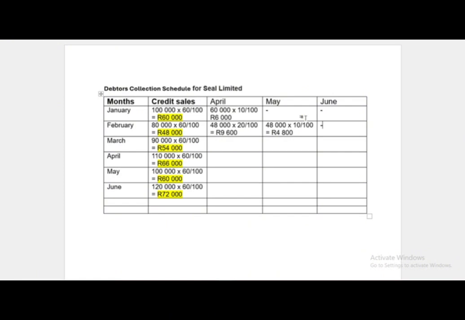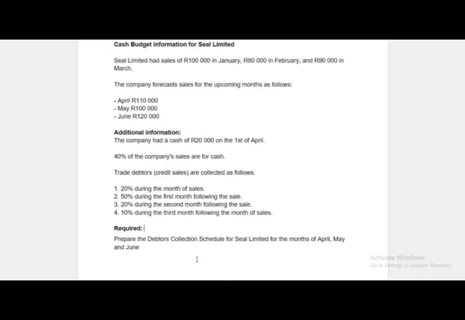And then let's go to March. If you guys understand February, definitely let's go to March. In March, we are going to collect again, right? From 54,000 rent. All right. So now when we collect in March, remember, we go back to the policy. One, the policy says 20% during the month of sales.